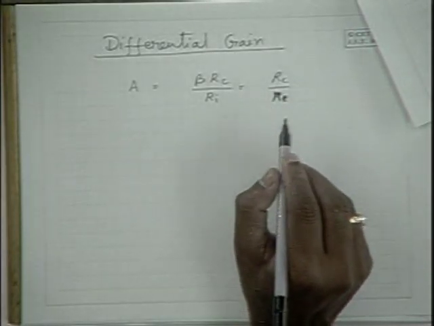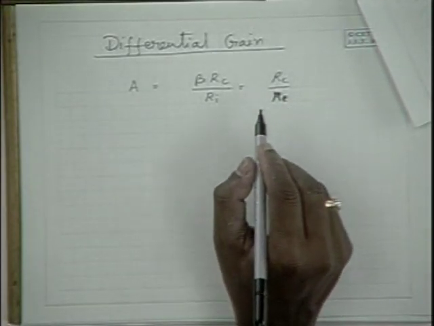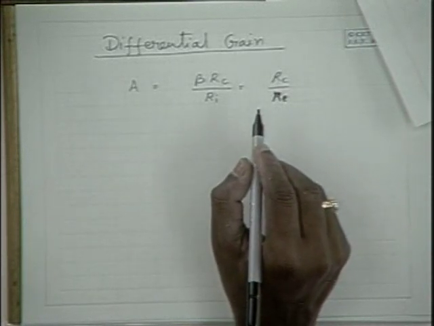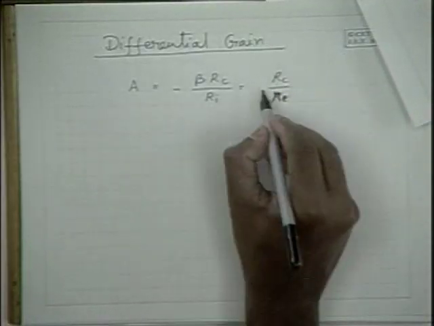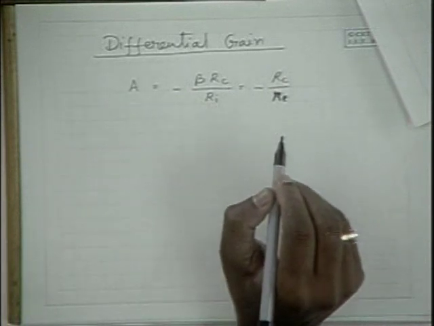Since between the input signal and the output signal the voltage gain is with a negative sign, it is equal to minus RC by small re.